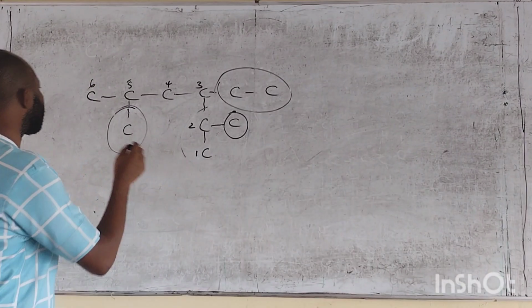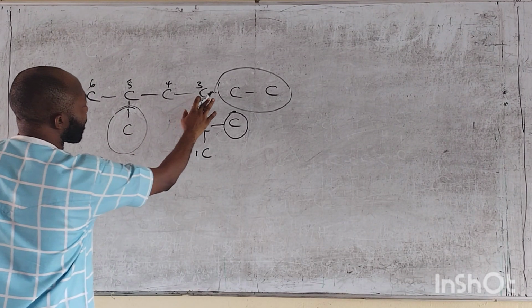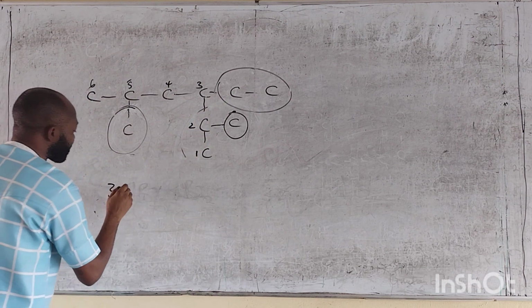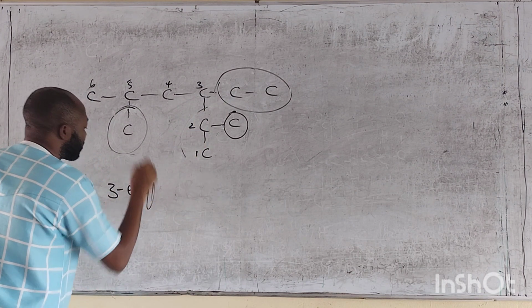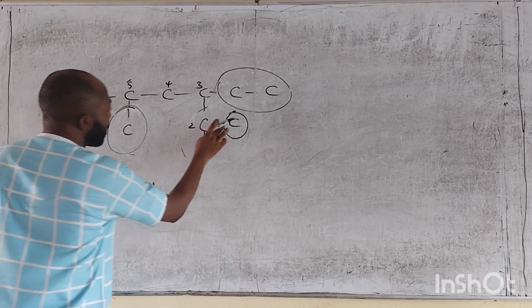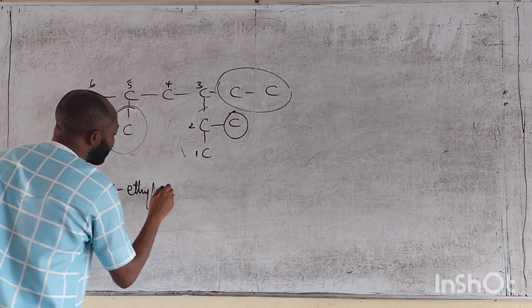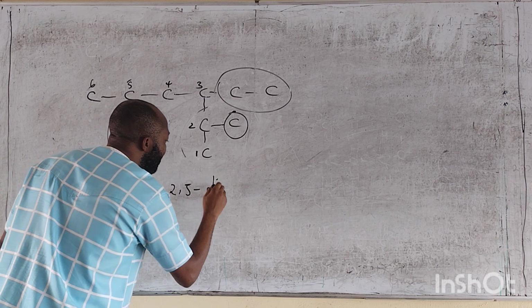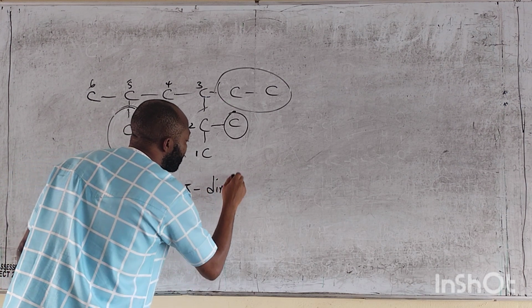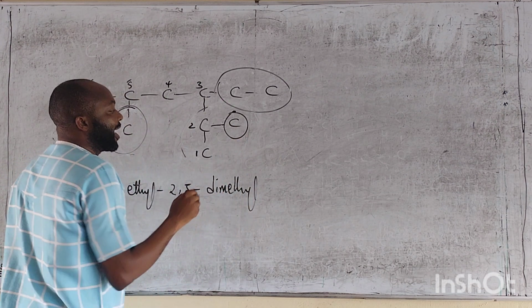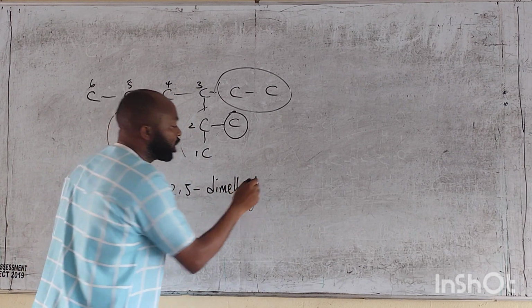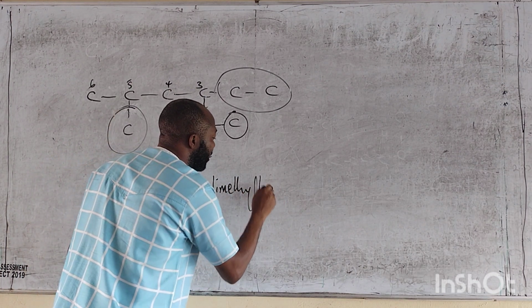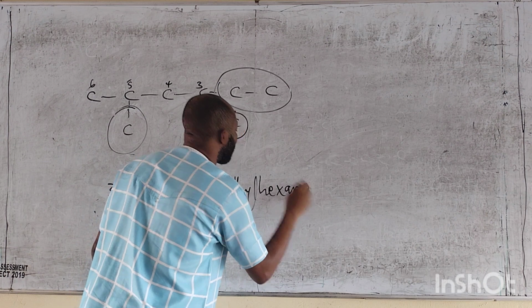Remember, when you are writing, let's call it 3 ethyl, 2, 5 dimethyl hexane. You must join them. You don't space hexane. That's one common mistake we make.